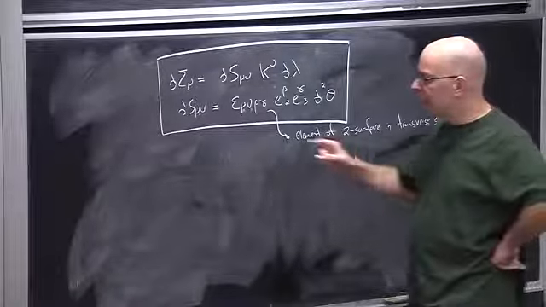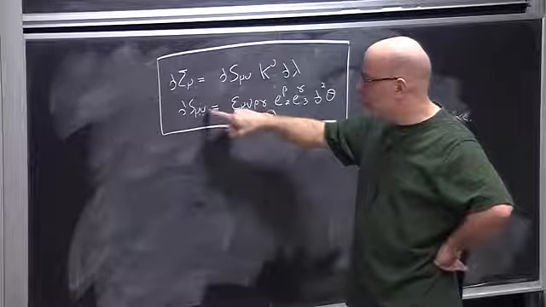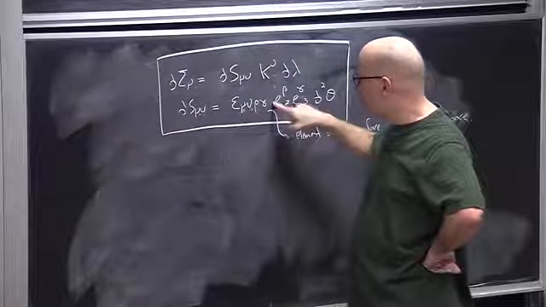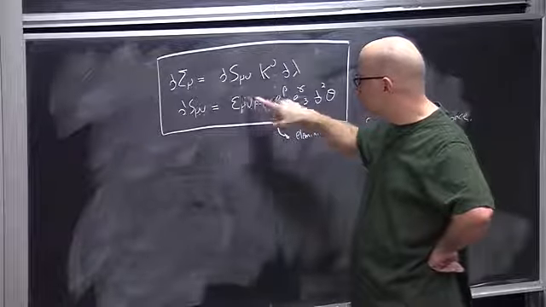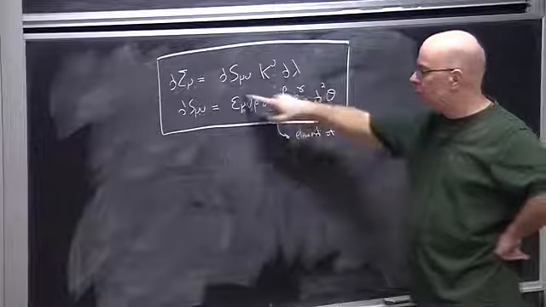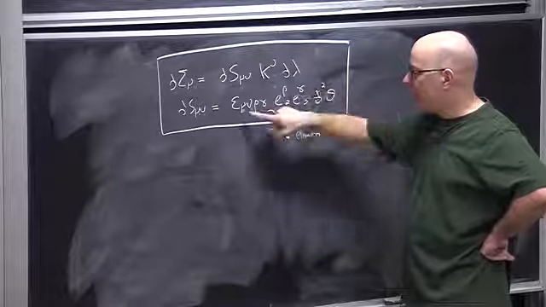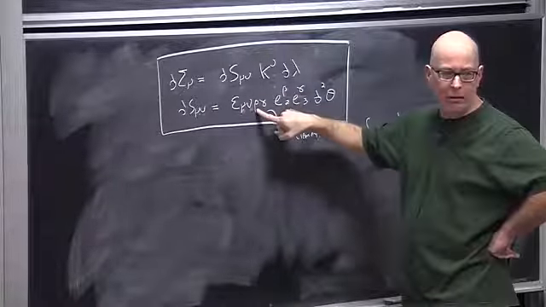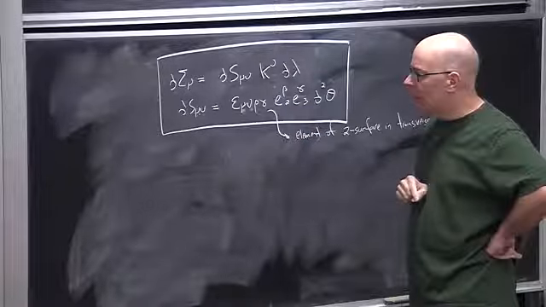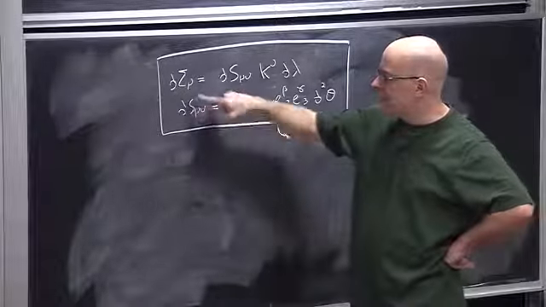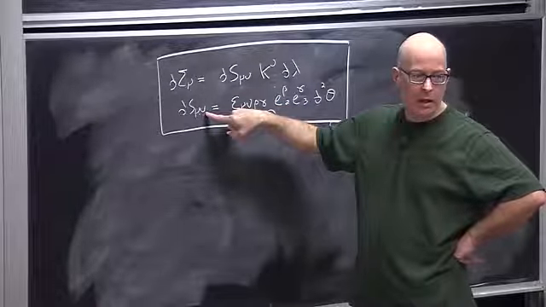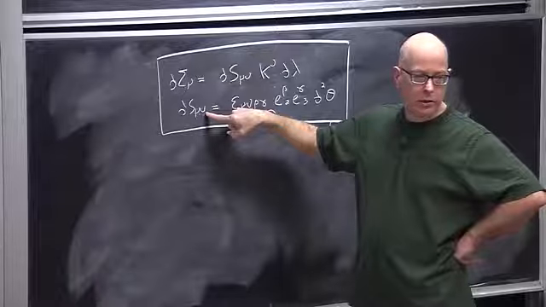Because if I were to take the inner product of dS mu nu along, say, E2, I would have on the right-hand side an E2 mu, and I would have another E2 beta, and that would be symmetric in mu and beta, but this is antisymmetric under mu and beta. So by the same calculation we did just before, I can conclude that this cannot point in the directions of E2 or E3.